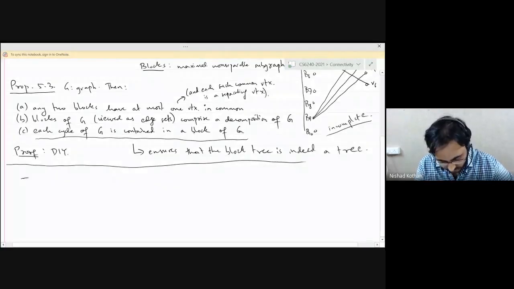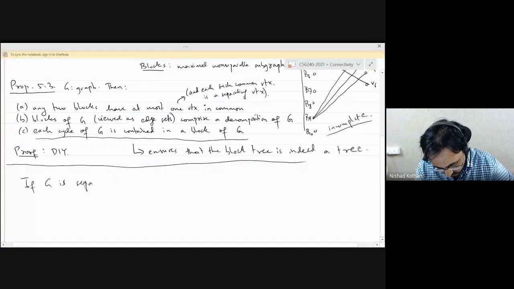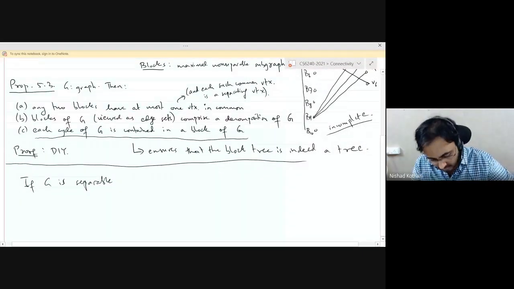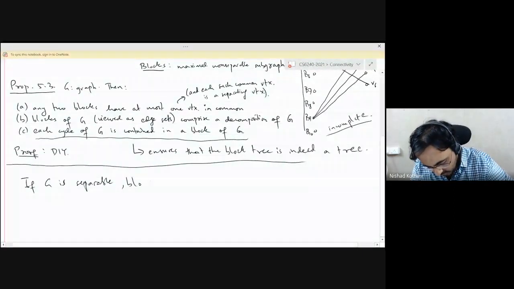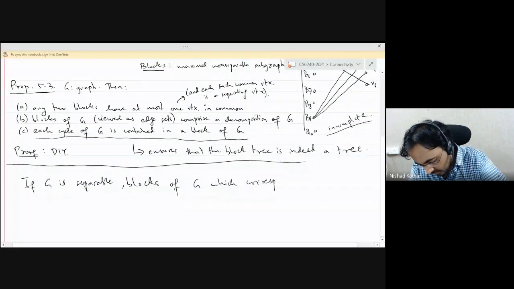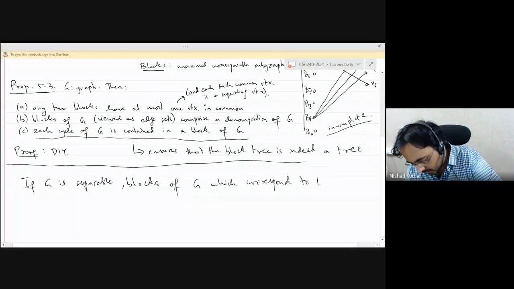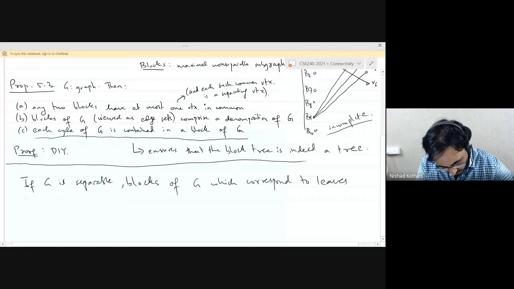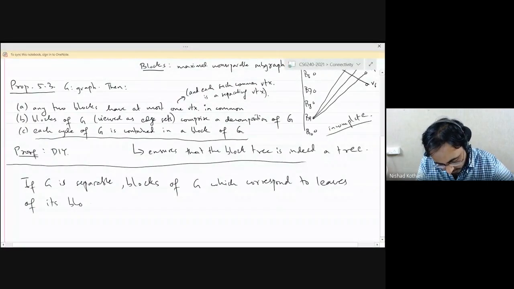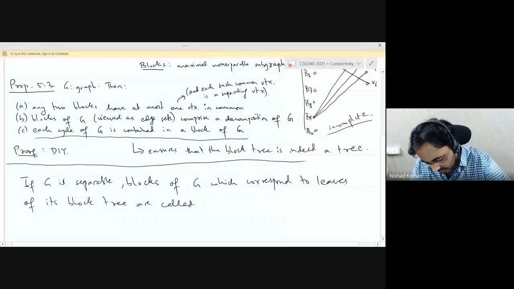If G is separable, then blocks of G which correspond to leaves of its block tree are called its end blocks.